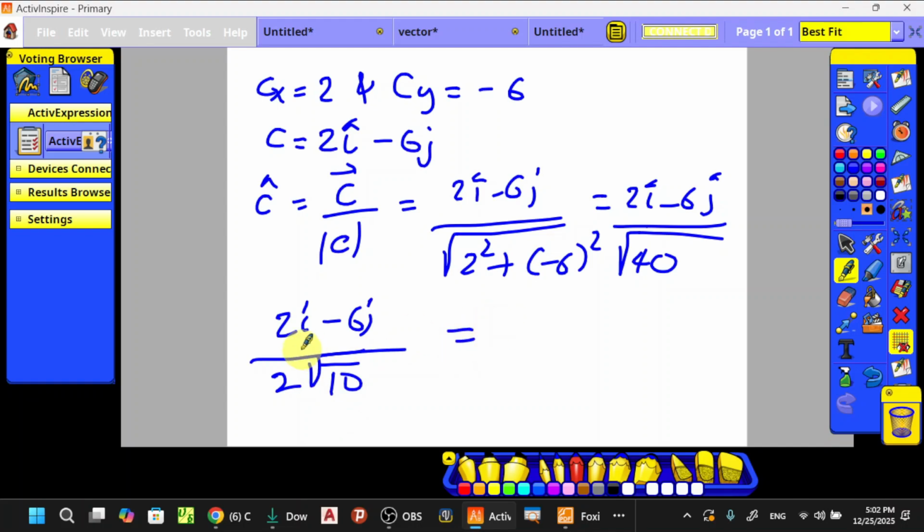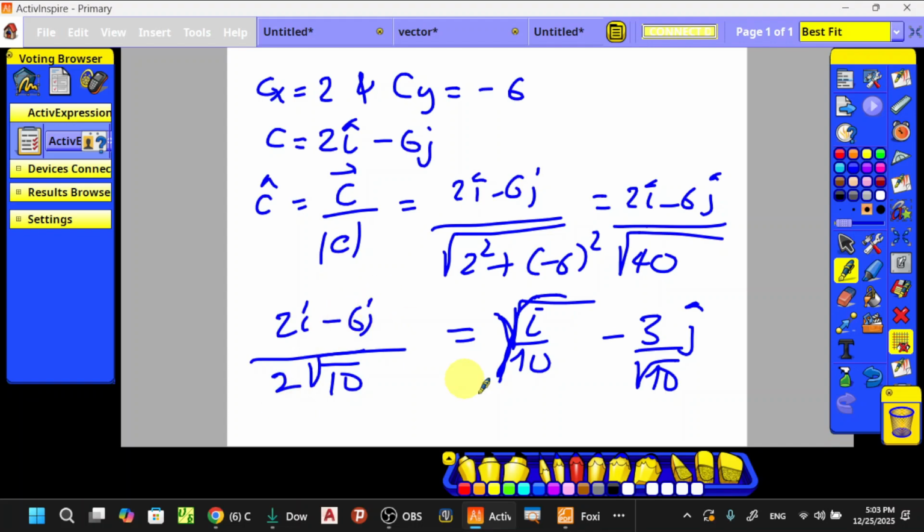When you divide both sides by 2, that is 1 over square root of 10 i minus 3 over square root of 10 j, because 6 divided by 2 is 3.